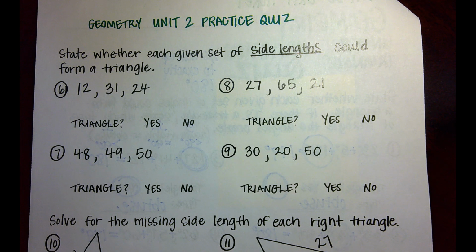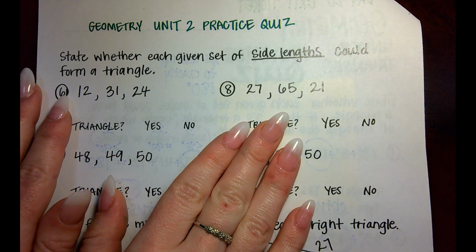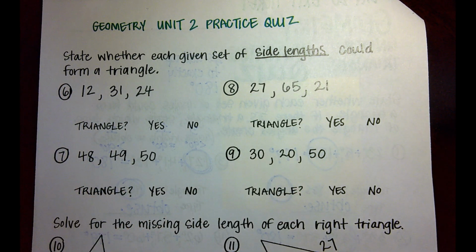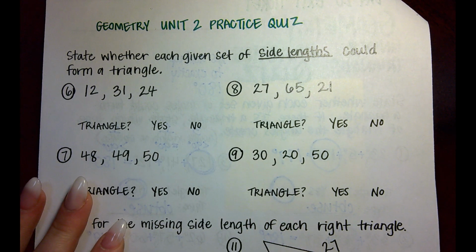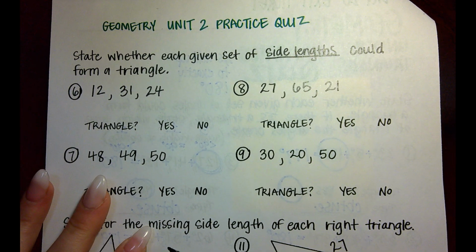This is that lesson we talked about where the third side of your triangle cannot be bigger than the sum of the 2 smaller sides, because then those 2 smaller sides won't reach and it won't make a triangle. Do you remember the steps for figuring out if 3 given side lengths can form a triangle?